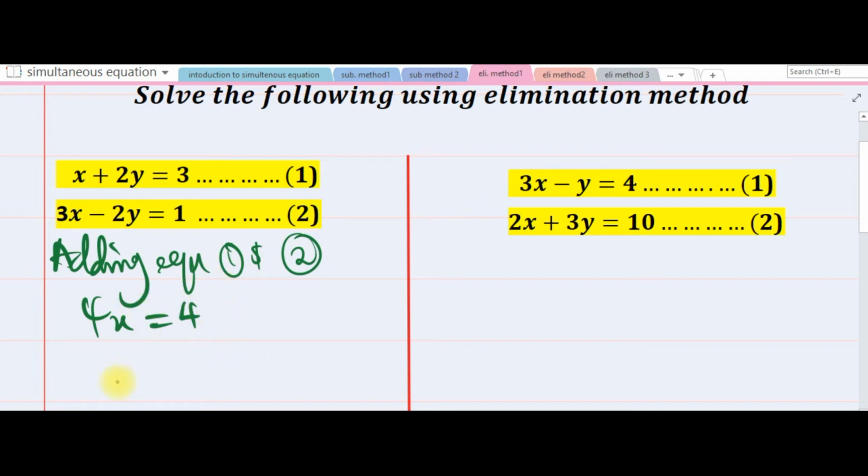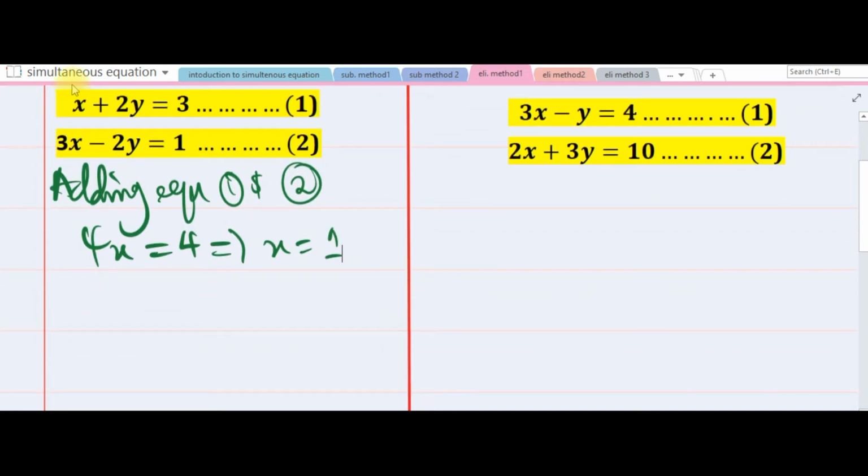If you add it, that's what it is, which implies that x is 1, dividing both sides by 4. So the next step is to get the y. And how do you get y? Choose one of the equations and make it the subject of formula. So I'm choosing equation 1. y is 3 minus x over 2, making it the subject of formula, which is 3 minus x goes over.